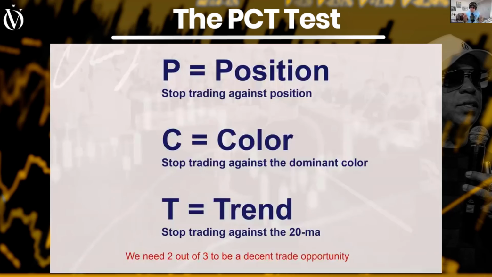Color is, which is the dominant color? What's producing fat bars? Which side is producing more fat bars? And which side is producing a longer string of its own color? And then trend, we know how to determine now. Is the 20 rising, or is the 20 declining, or is the 20 kind of flat? And those are your three trends.